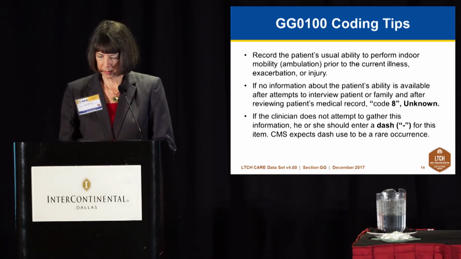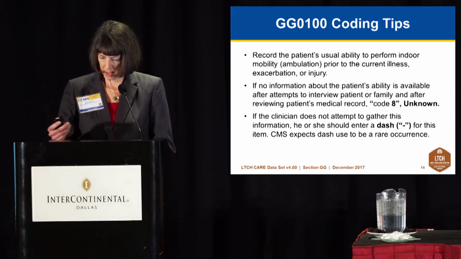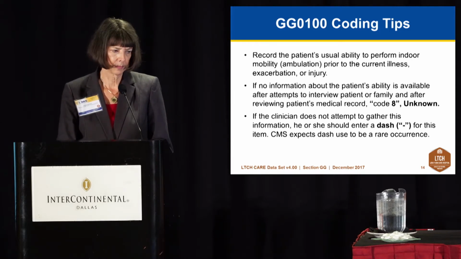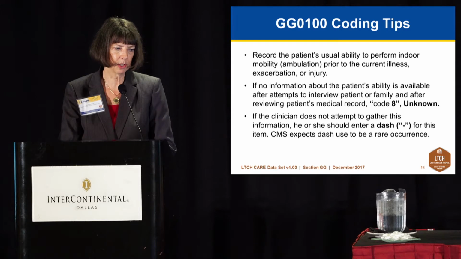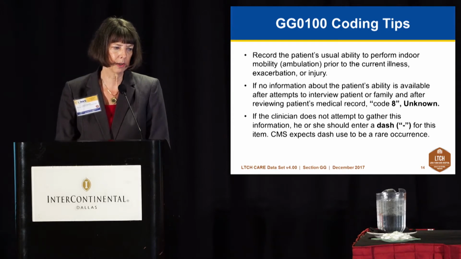So these coding tips that we bring to you here include recording the patient's usual ability to perform indoor mobility or ambulation prior to the current illness, exacerbation, or injury.